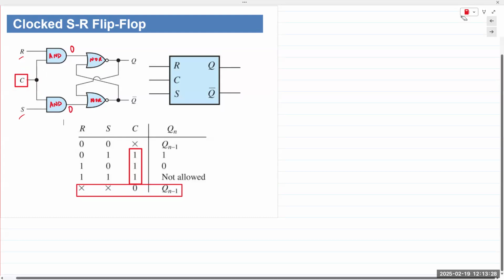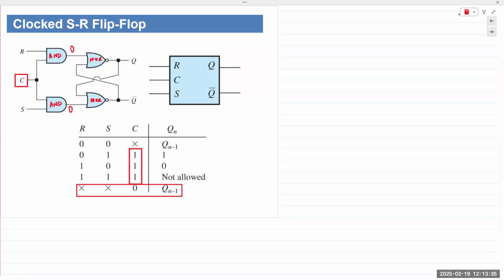That's the most important point about this circuit.